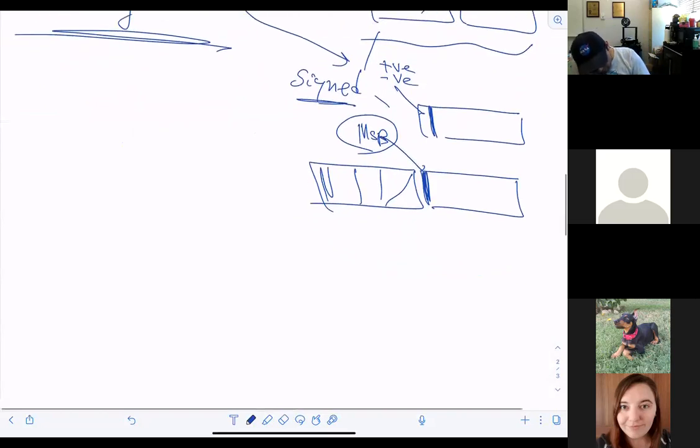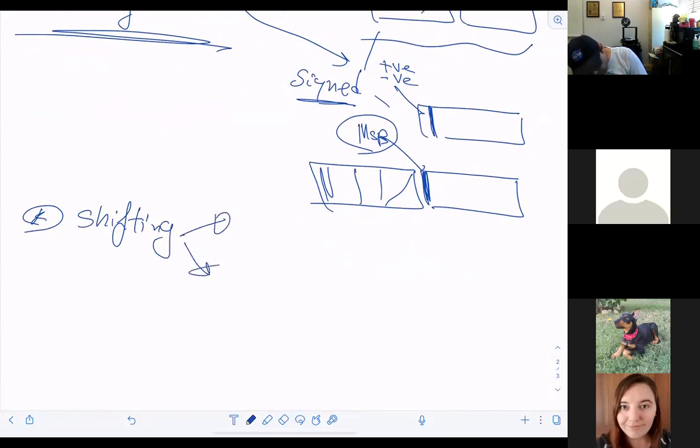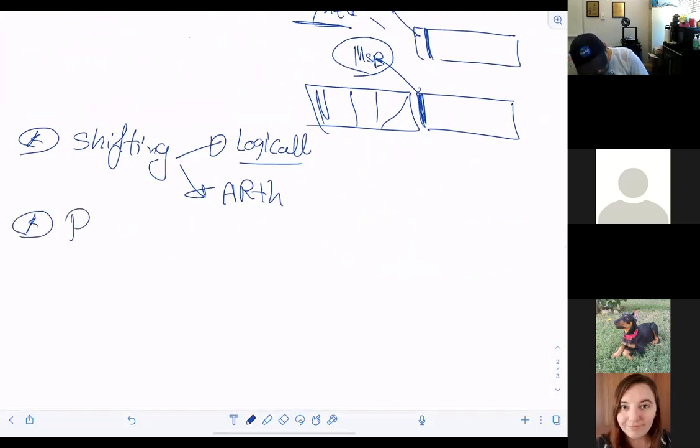Now we need to look into the other logical operations. What other logical operations do we have? We have something called shifting. And this shifting happens in two forms, logical and arithmetic. And we have another aspect called rotation.